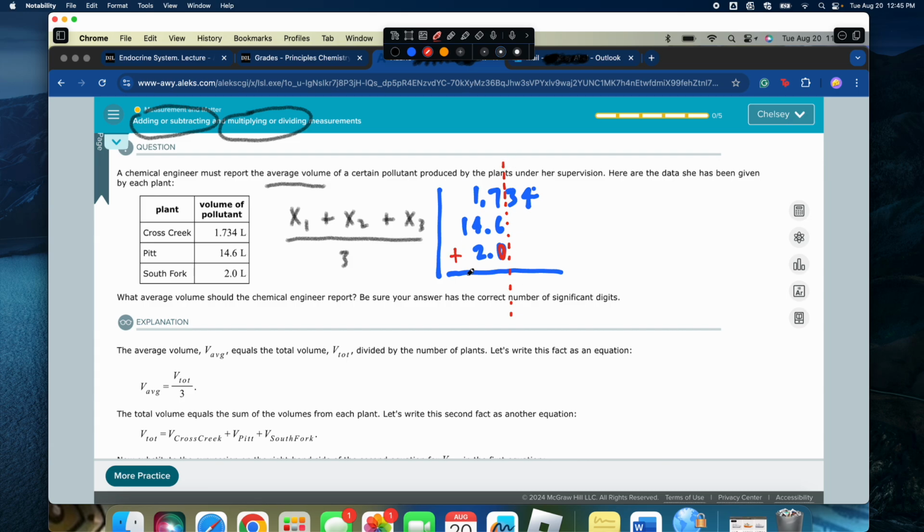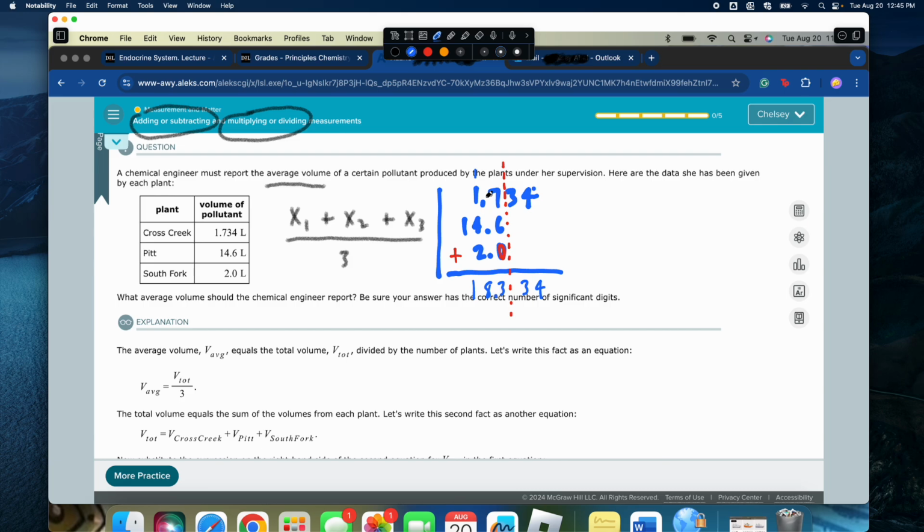Now I'm going to put everything in my calculator and add them up. This is going to give me a 4 and a 3. 7 plus 6 is 13, carry the 1. This goes to 2, 8, and 1. 18.334. And you know what?